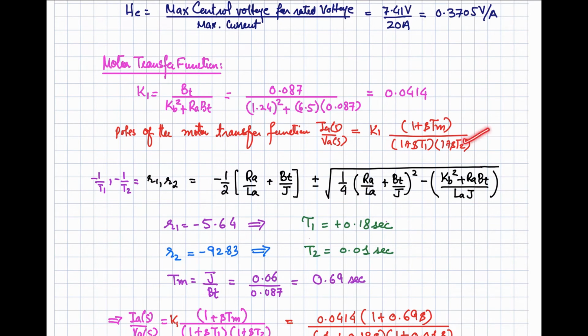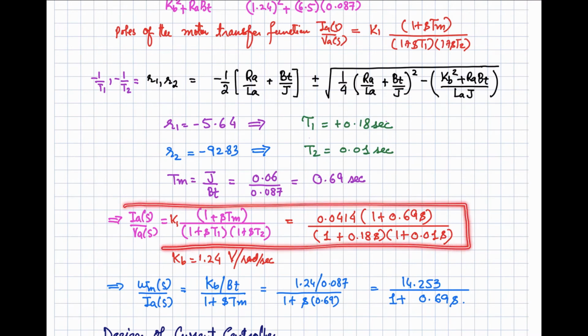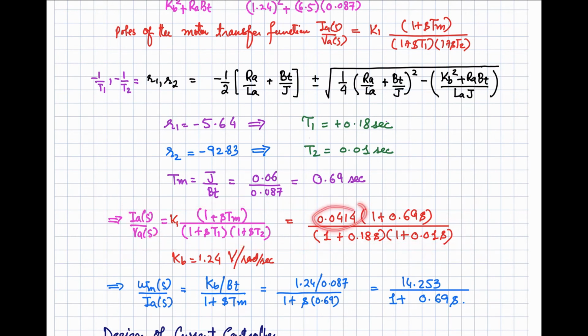So now in this transfer function you have calculated this one, and this one, and the next thing is the mechanical time constant, that is J over BT. The J and the BT are also given, so that is equal to 0.69 second. So from this information now you can find out this transfer function. You can represent the relationship between the current and the voltage with the help of this expression. This is K1, and this is T1, this is T1, and this is T2, right?